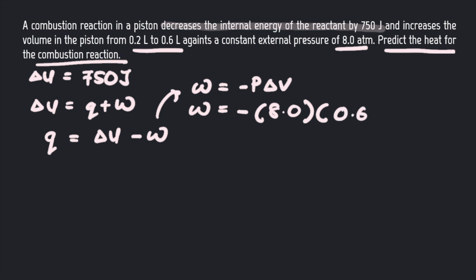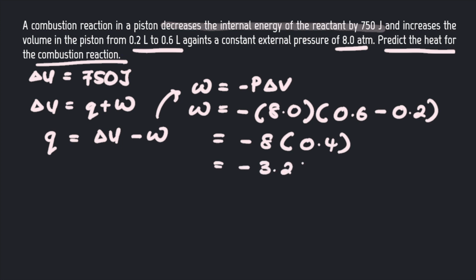So your V2 is 0.6 minus V1 0.2. Here you will get negative 8 times 0.4. So you will get your W is equivalent to negative 3.2 liter atm.